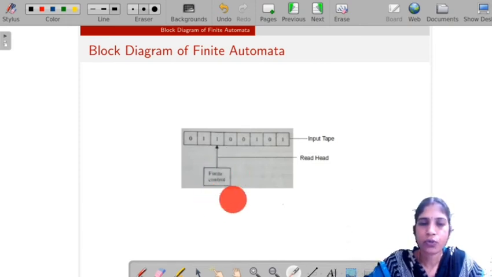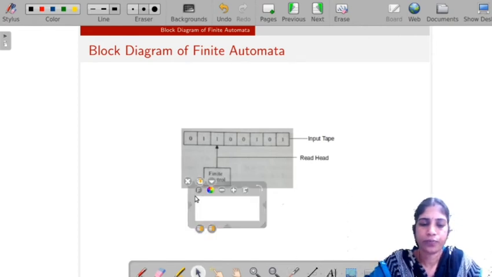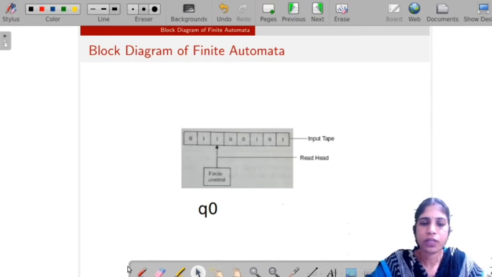Then finite control means the finite control is in some state in Q. Initially the finite control is in the state Q0. From the initial state Q0, it reads the input symbol 0, that means the leftmost symbol 0.